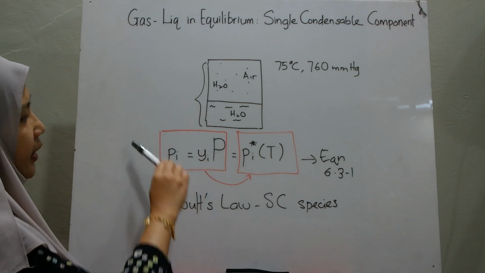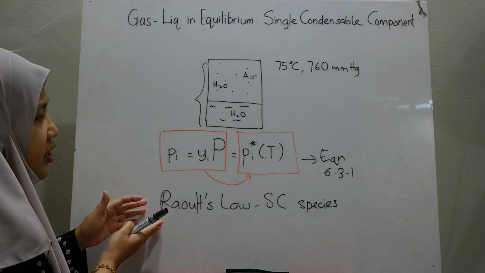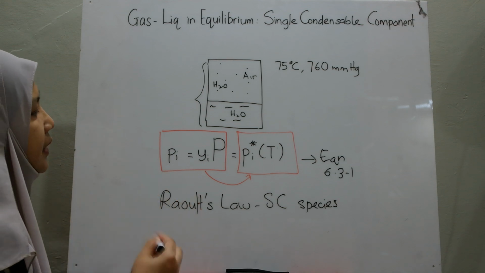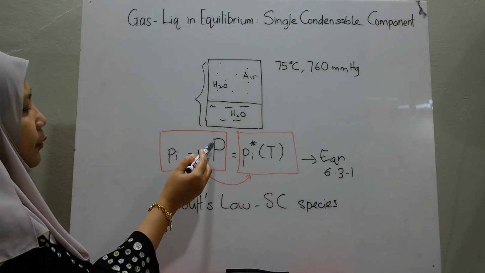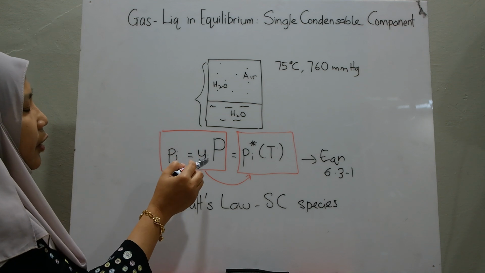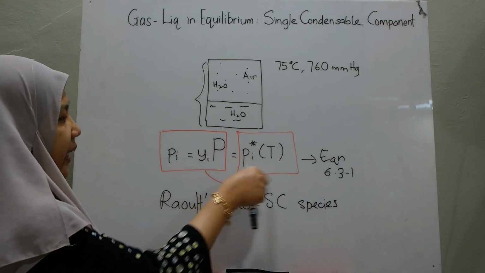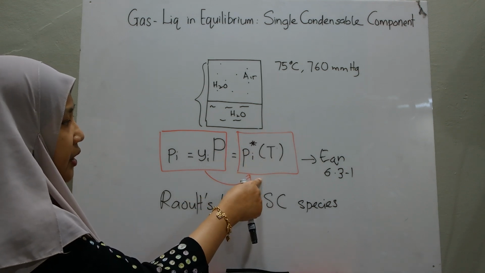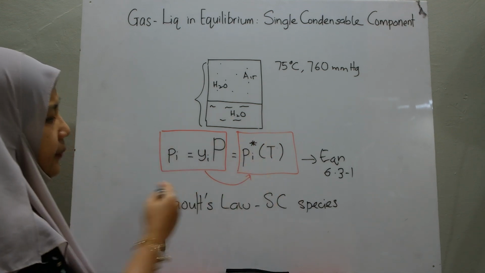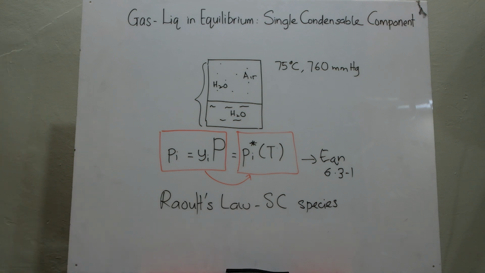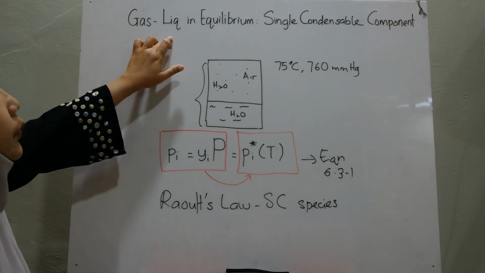When gas and liquid are in equilibrium, Raoult's law equation here will help us to find the mole fraction of the single condensable in the gas phase by knowing the vapor pressure of that single condensable component at temperature T. This is the concept that we need to understand. This concept can be applied when we have gas and liquid in equilibrium.